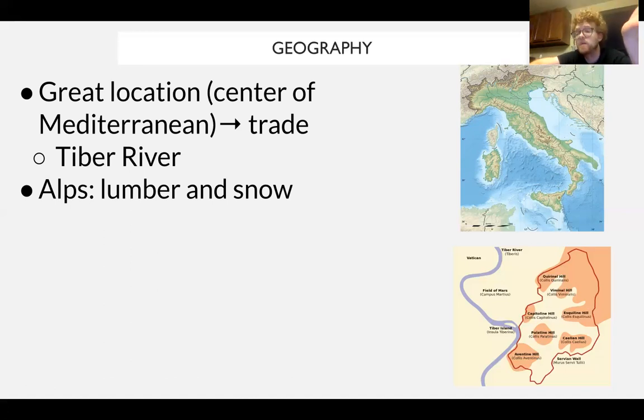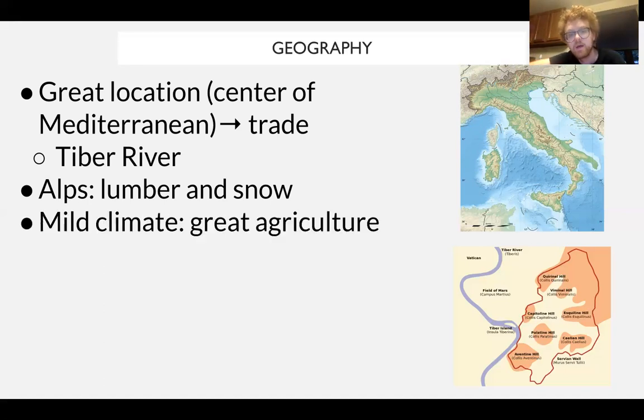But when snow melts, we are going to see the Romans building structures called aqueducts to bring all of this nice fresh water down into their urban environments. So there's going to be clean water in ancient Rome, as we'll talk about. But there's also pretty good climate in terms of agriculture. Rome can get hot in the summertime, but for the most part, it's pretty good agricultural territory.